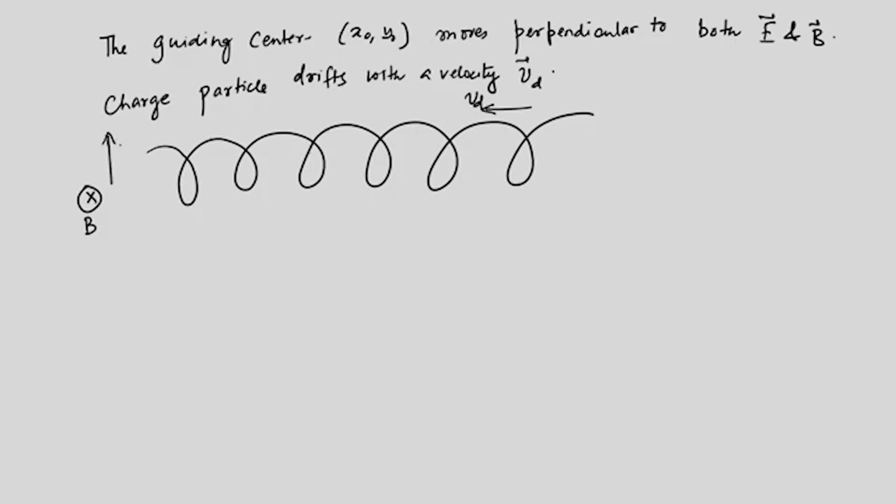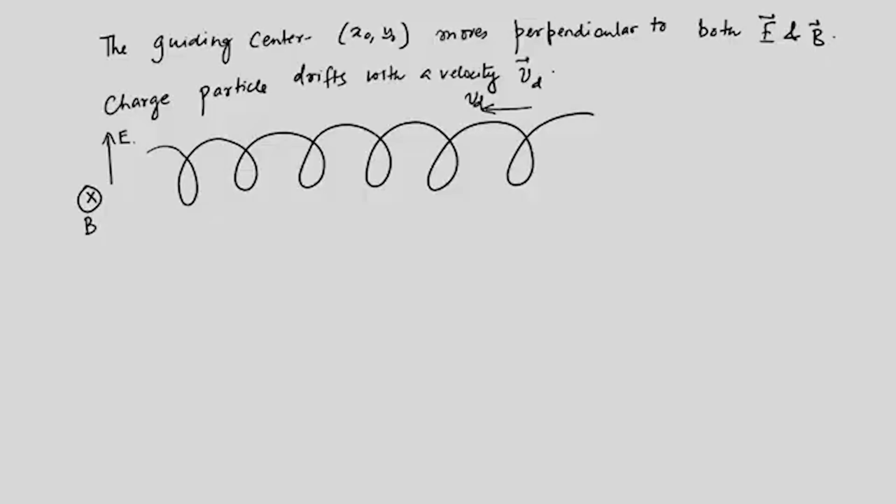We have the electric field in this direction, and then the drift happens in a direction perpendicular to both, which in this case is from left to right.